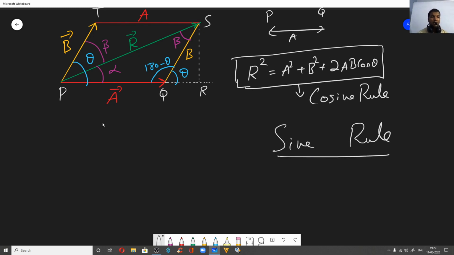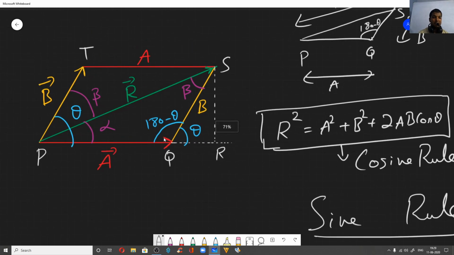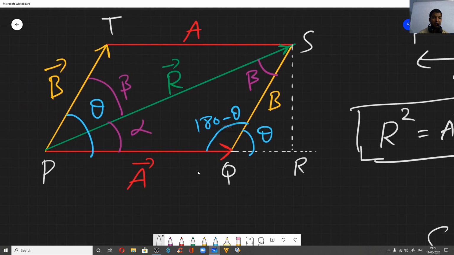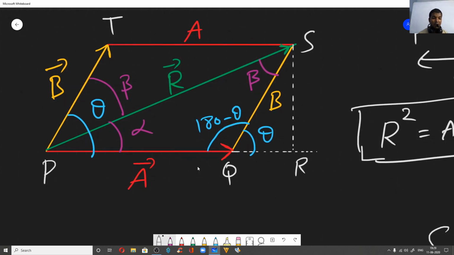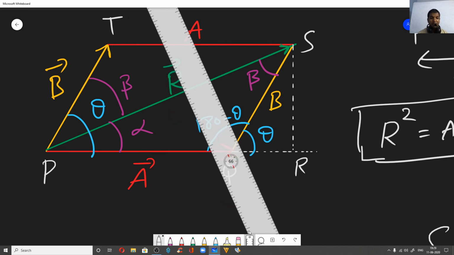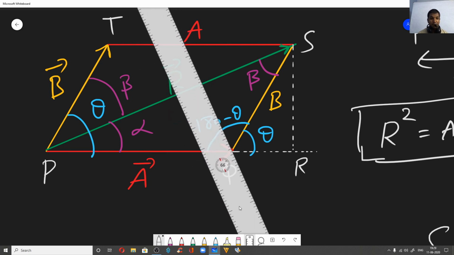Now to understand and derive the sine rule, we will drop a perpendicular from point Q onto the line PS, that is the green line, the resultant. So we'll drop a perpendicular.